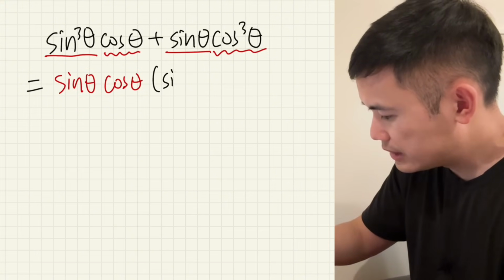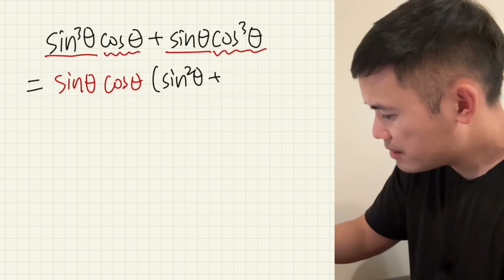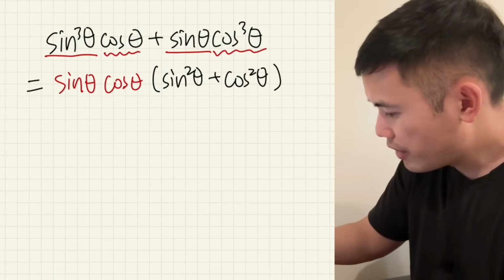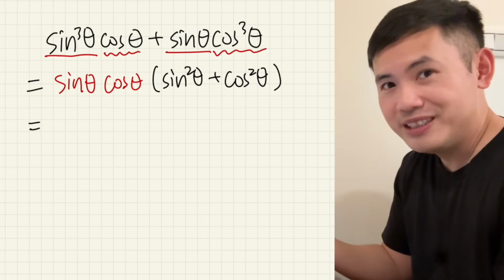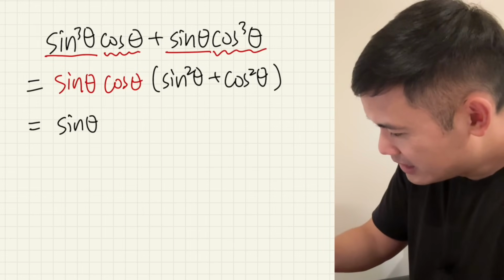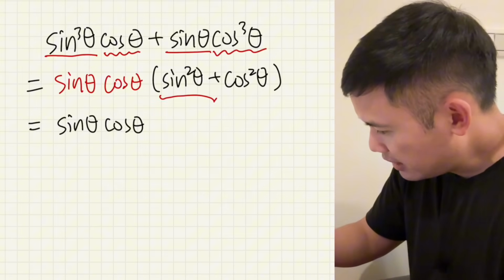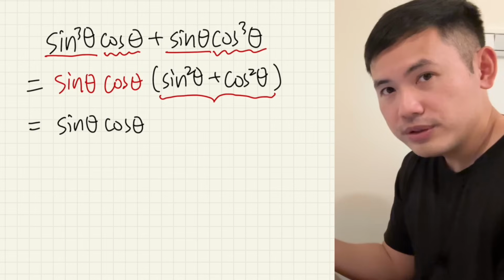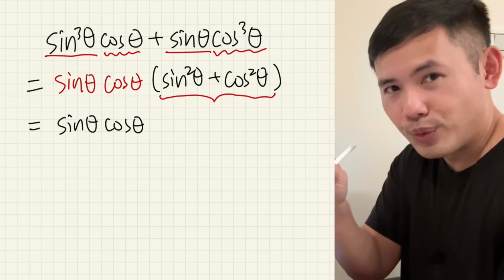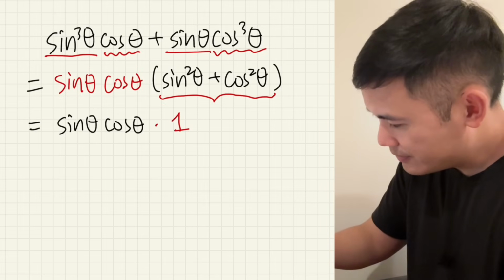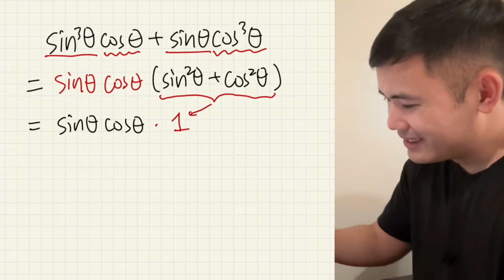We will be left with sine squared theta plus cosine squared theta. So far, so good. And then sine theta cosine theta stays. Sine squared theta plus cosine squared theta is equal to 1. We definitely have to know that. So it's 1 right here.